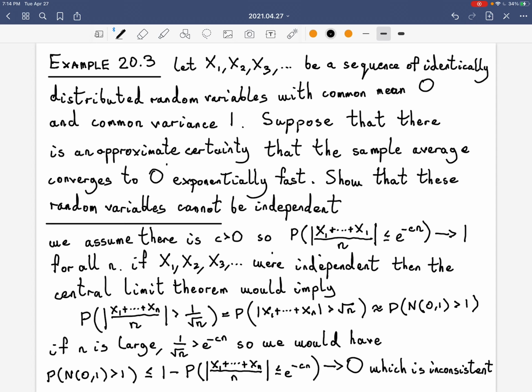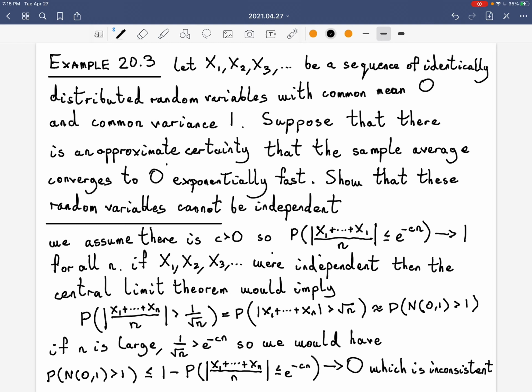So we're going to translate that into mathematical language by saying there's some positive number c, which is the rate of exponential convergence, such that the probability the sample average satisfies our rate of decay converges to 1.